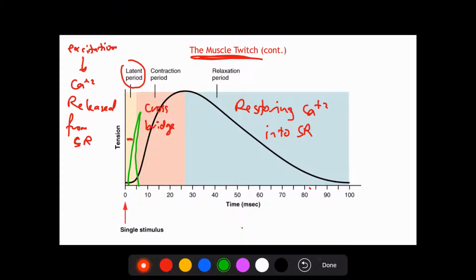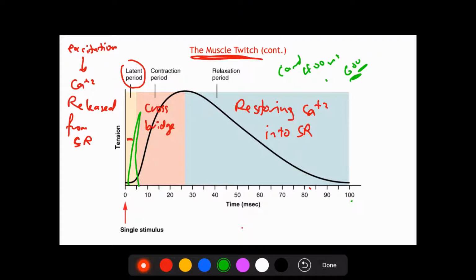Some muscles like this, I think either gastrocnemius or another big muscle, are around 100 milliseconds. For example, the cardiac muscle of the heart is around 400 milliseconds. Smooth muscles are around 600 milliseconds. This is still fast, but compared to the skeletal muscles, this is extremely slow.